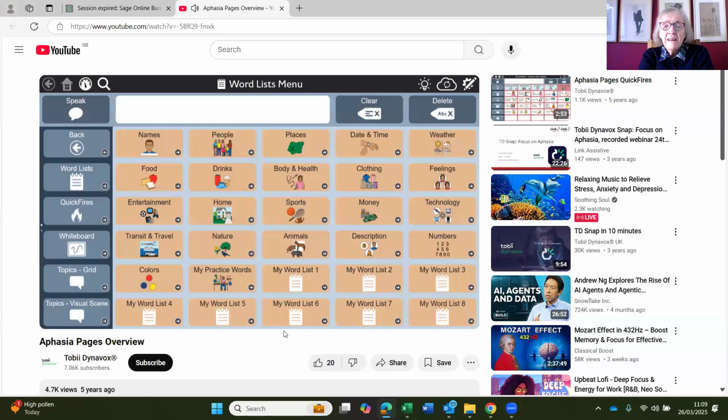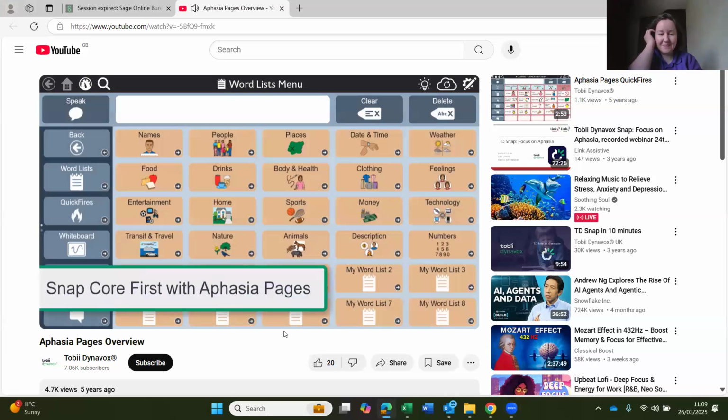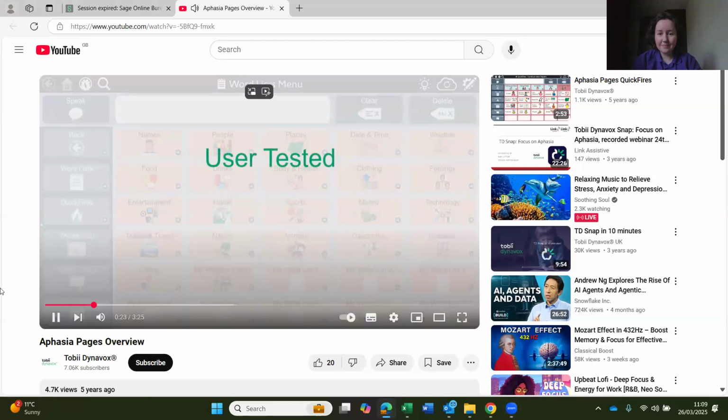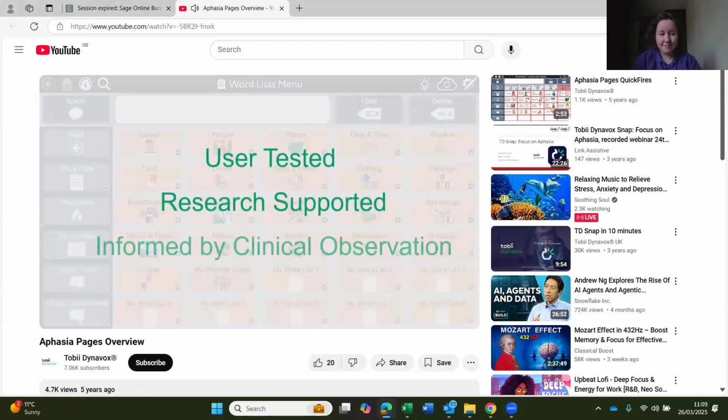Tobii Dynavox is excited to bring you the new aphasia pages as part of the Snap Core First 1.10 release. These pages contain evidence-based tools to support communication for people with aphasia. The aphasia pages were developed through testing by people with aphasia, through research, and through clinical observation.